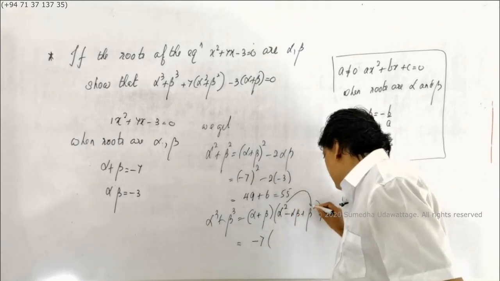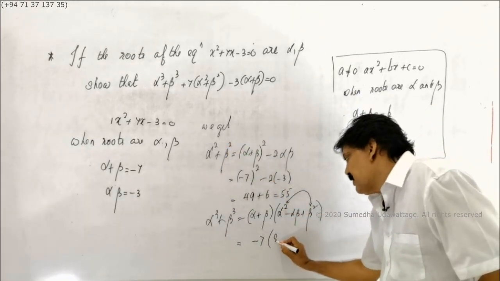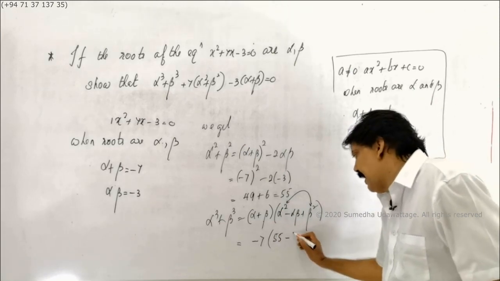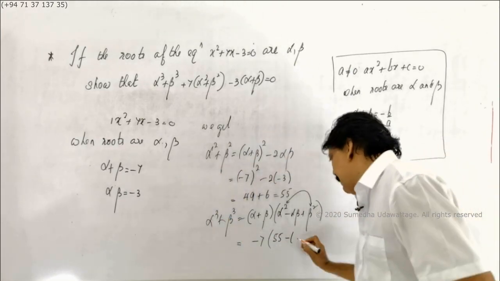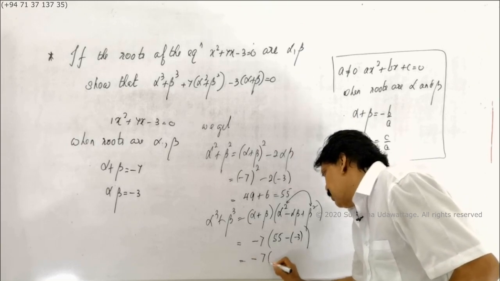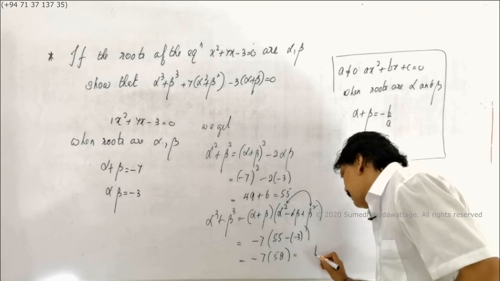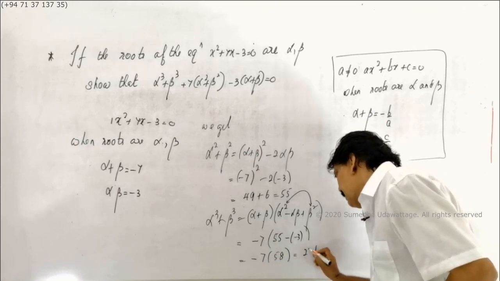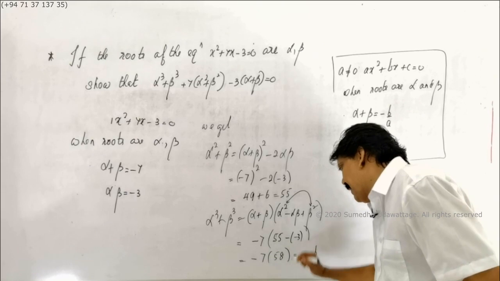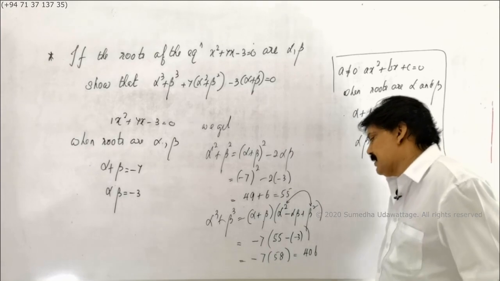Alpha squared plus beta squared, we found a little before, it was 55. 55 minus alpha beta, which was minus 3. Then you get minus 7 into 58. 7 into 8, 56, 5 remaining, 7 into 5, 35, with the 5 you get 406.